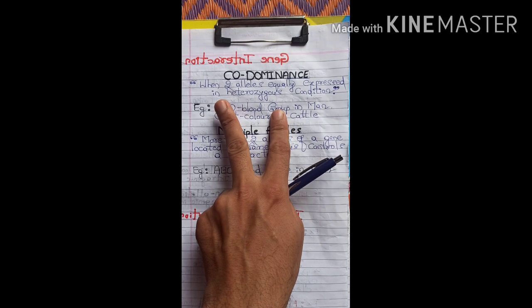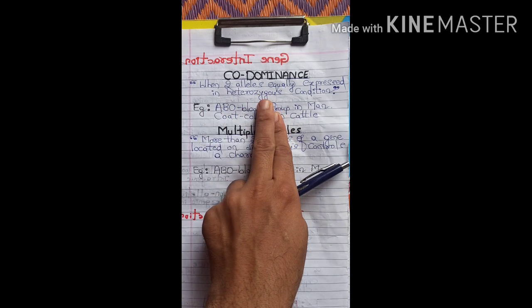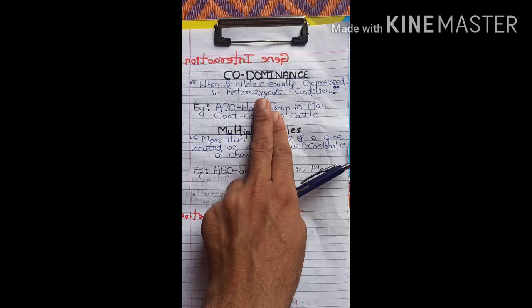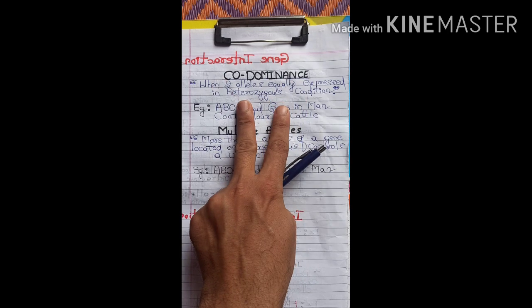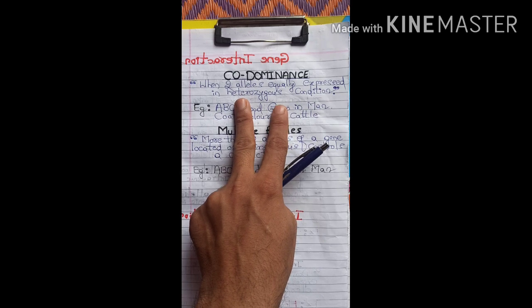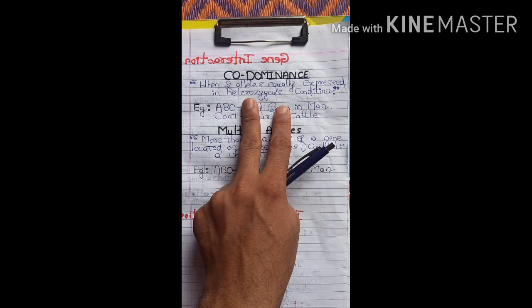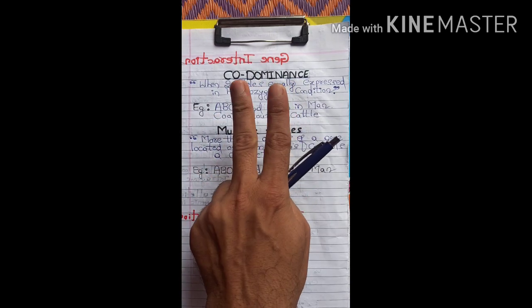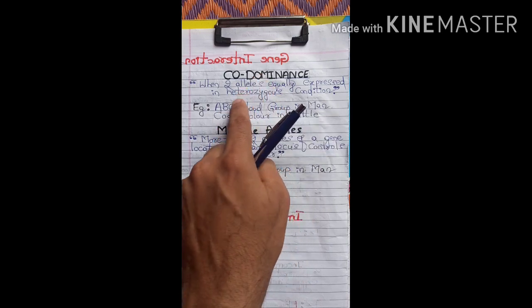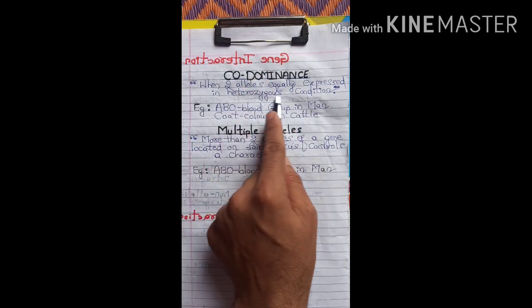When the dominant allele is incompletely expressed, it is an example of incomplete dominance. Suppose both the alleles are dominant and both are expressed; that phenomenon is referred to as codominance. So here both the alleles are dominant and both are expressed in the heterozygous condition.